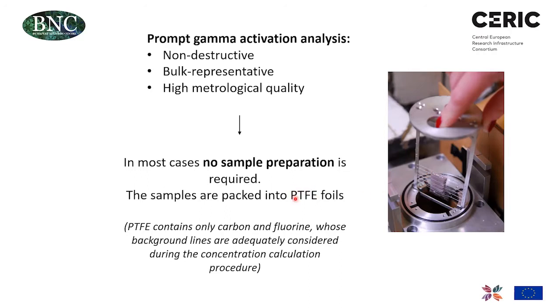Teflon is advantageous because it consists of carbon and fluorine, two elements which have a weak analytical signal, and those lines are very well known, and that's why we can correct for the influence of the packaging.